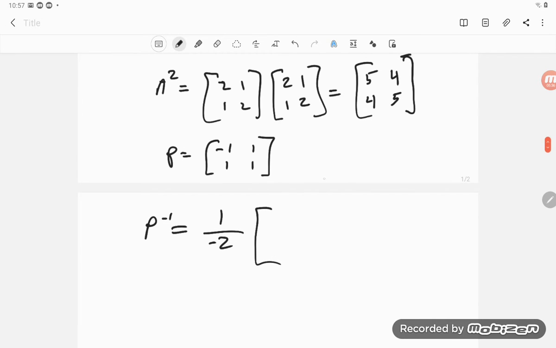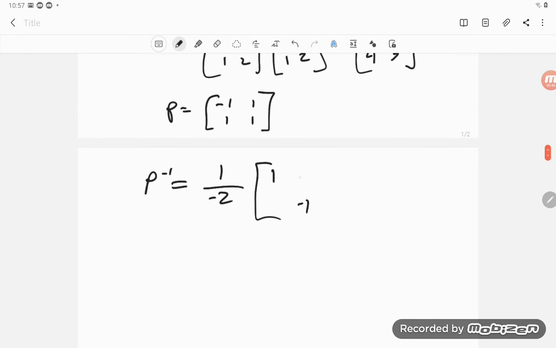And then times swapping the diagonal elements here, and doing the negatives of the others, I think. I always have to think about that formula, but I think that's right. Let's see, did we get that right? Yeah, we got that right.